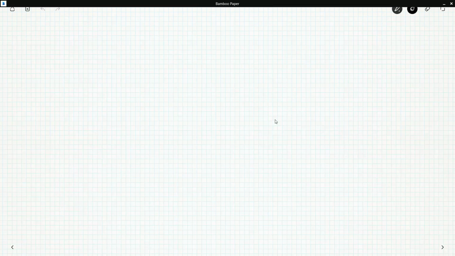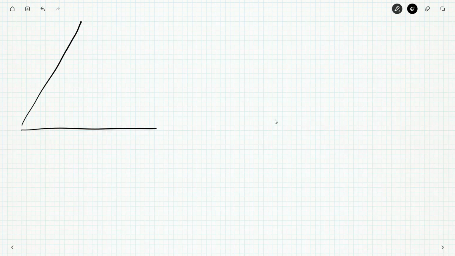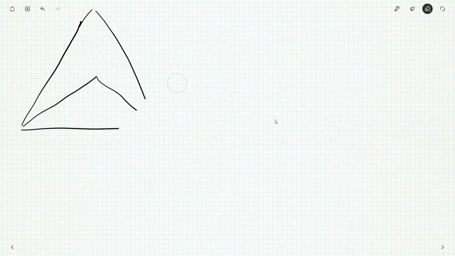Let's copy ourselves a picture into our notebook. Well, that doesn't even look very equilateral.